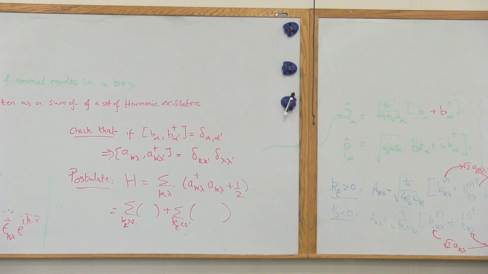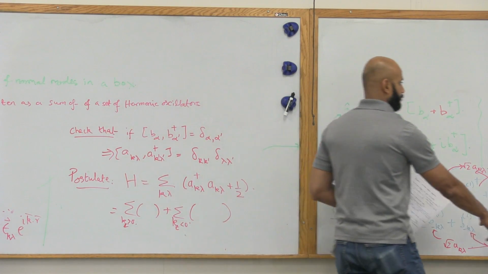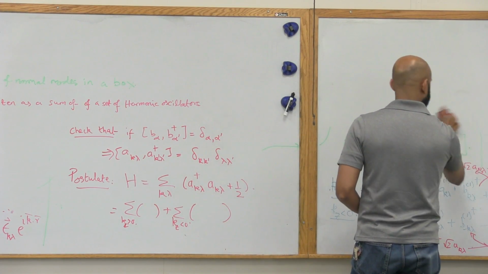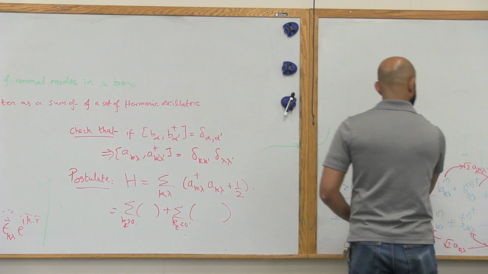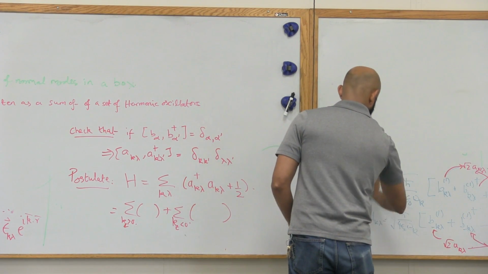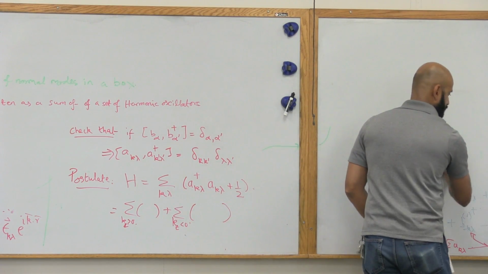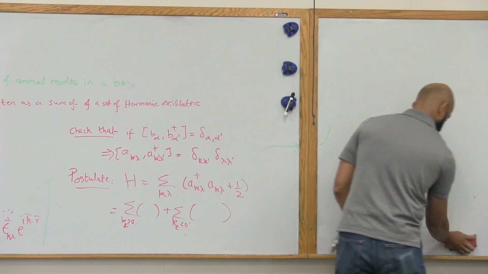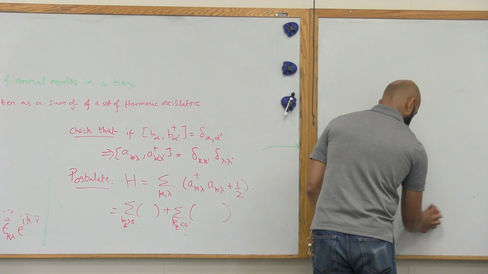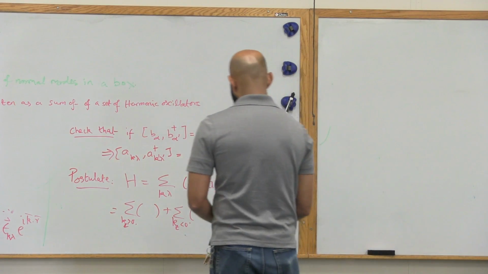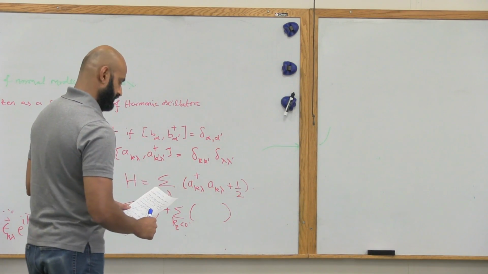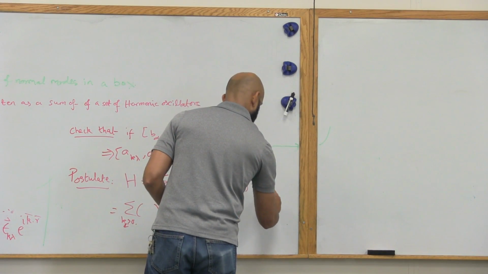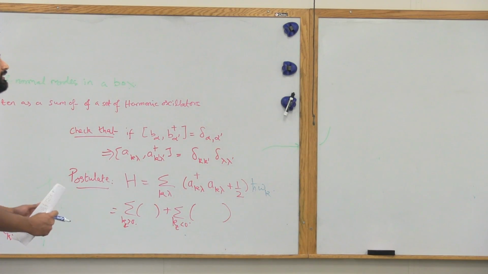So our final result is that we have found that the energy in the field can be written, oh sorry, obviously ħ. Okay, this was over there, I guess.